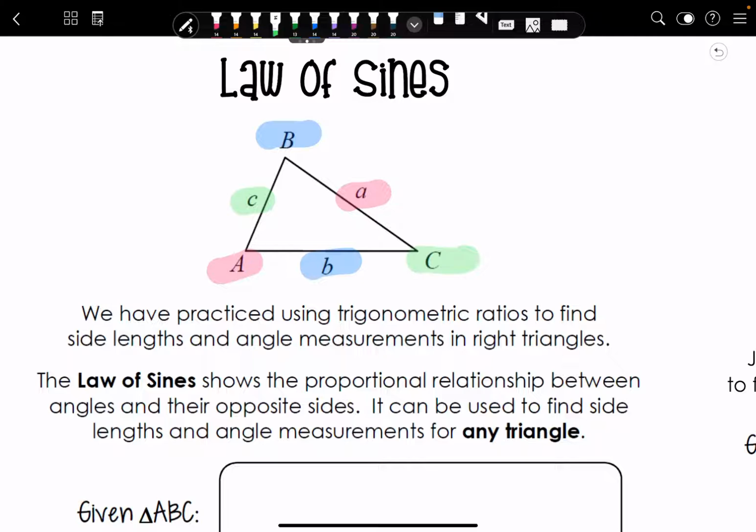So we've practiced using trig for right triangles. Well, the law of sines shows the proportional relationship between angles and their opposite sides, and it can be used to find side length and angle measurements for any triangle.